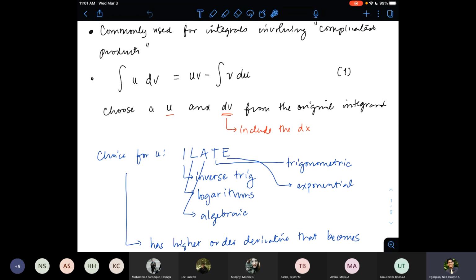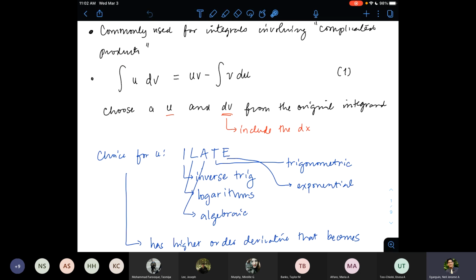As a general choice, the function that you choose to be u should be easily differentiable, and dv should be easily integrable, because we will need both v and du in formula number 1. Your hope is that the integral of v du should be much easier to integrate than the original integral u dv, right?